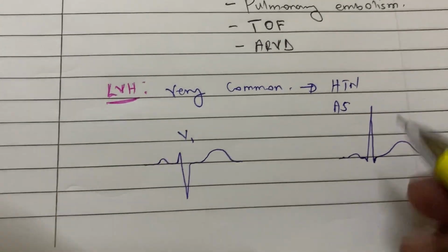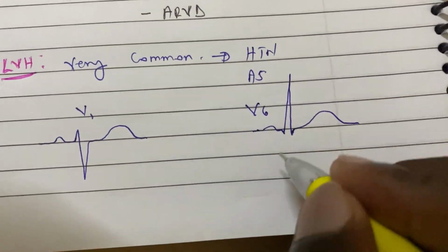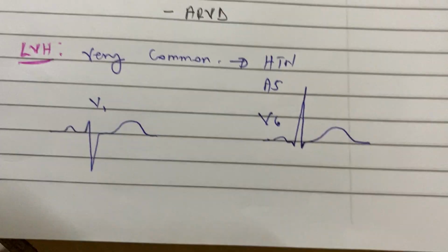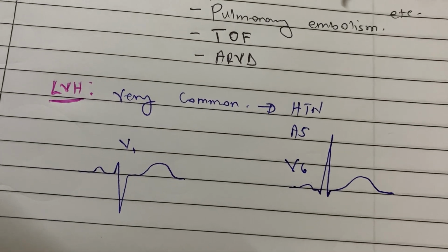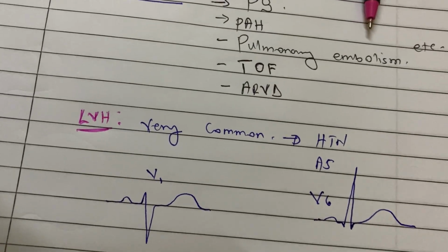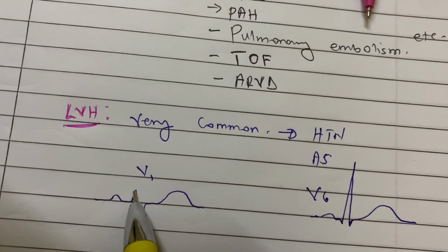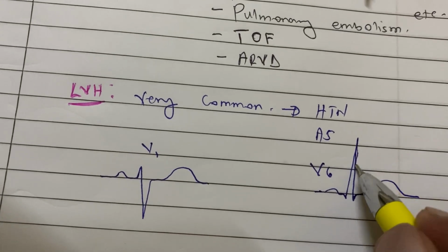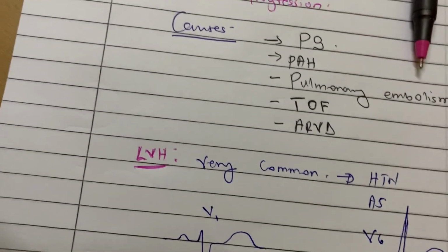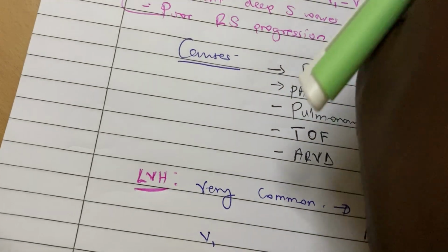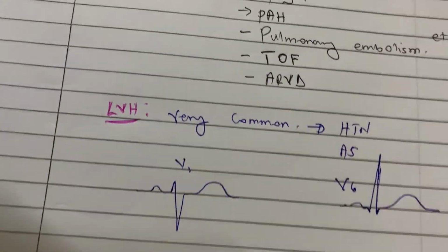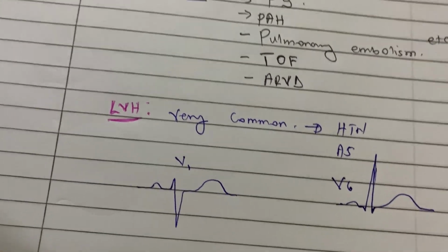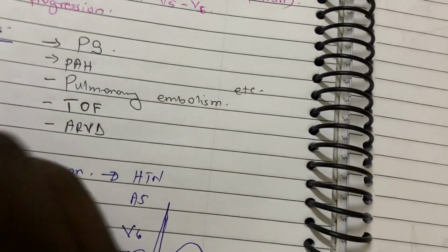This is what we expect. This is V6, a very small S wave, small r in V1 and a very big R in V6.